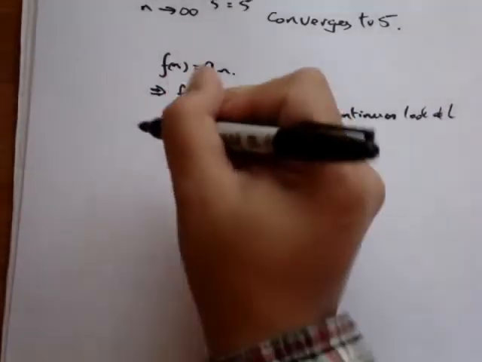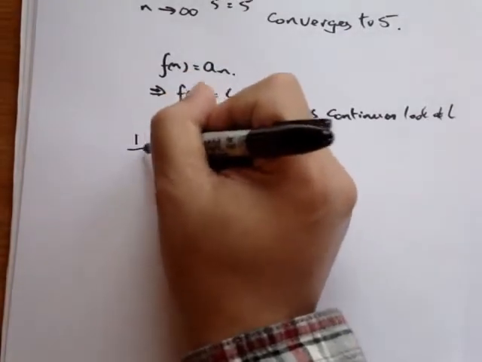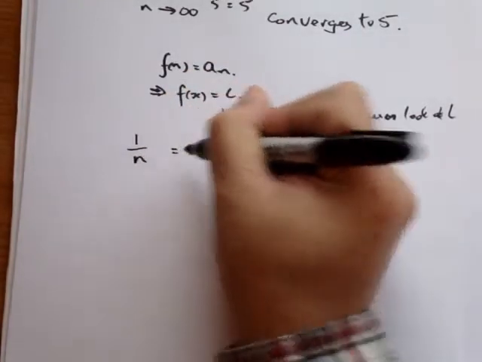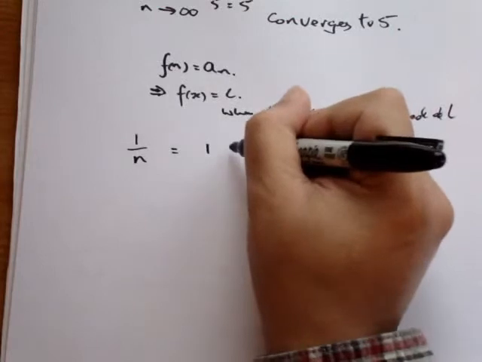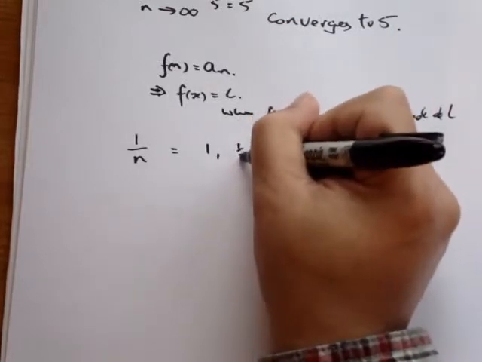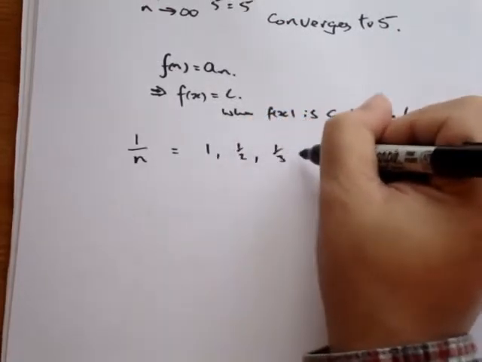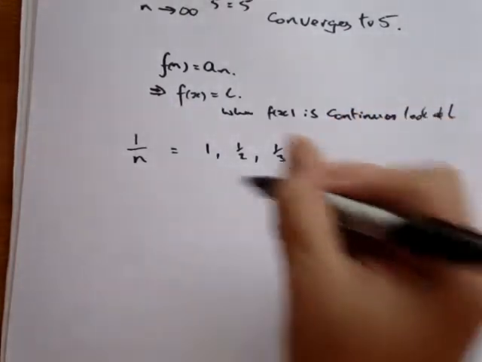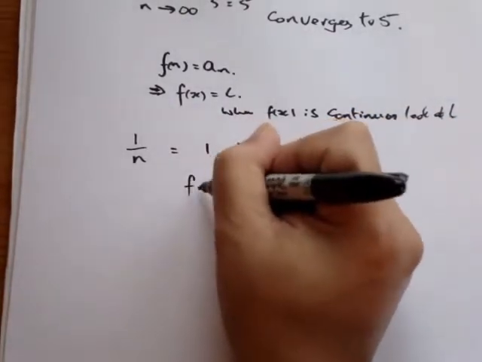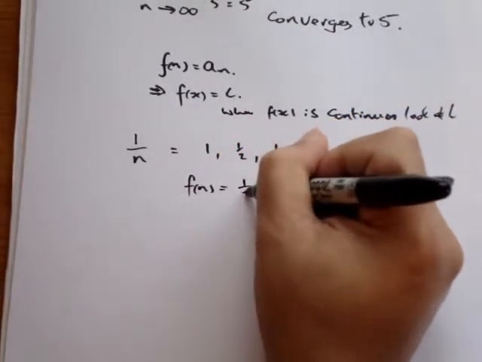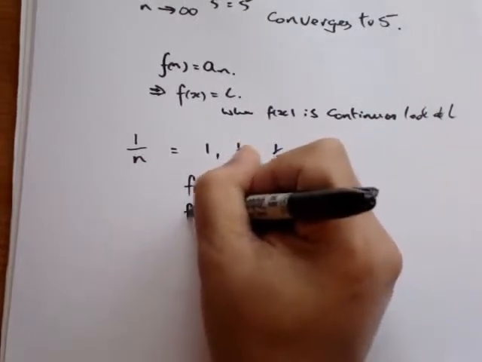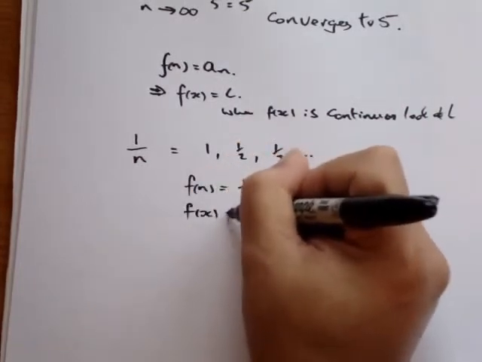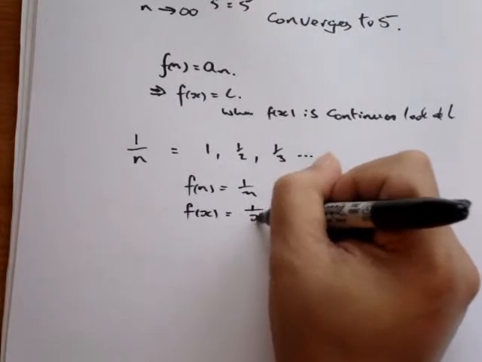So if we have 1 over n, this is 1, 1/2, 1/3, and so on. So our f of n is 1 over n. Our f of x is 1 over x.